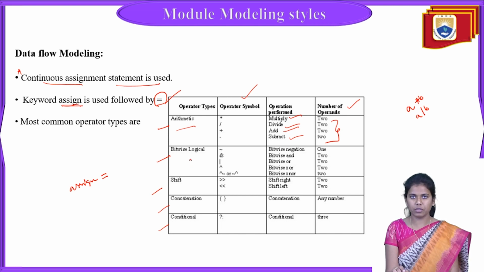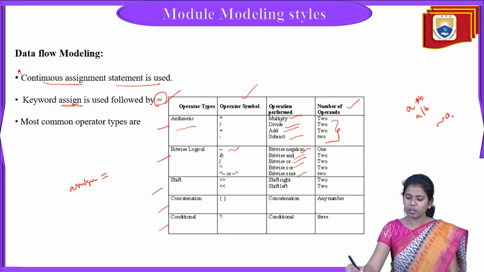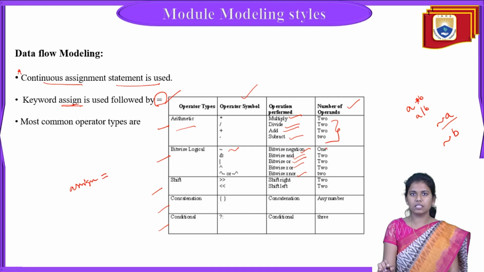Coming to the bitwise logical. What is this bitwise logical? Here we have bitwise negation, bitwise and, bitwise or, XOR, XNOR. For bitwise negation we need only one operand, like negation A, negation B. But for the rest of the bitwise logical operations, 2 operands are needed.